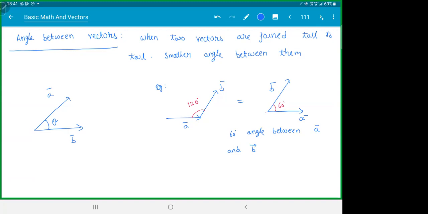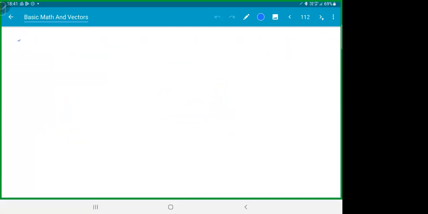All clear with this? Whenever you define the angle between two vectors, make sure they're joined tail to tail. Let me ask you one more example on this. Let's say I have a triangle, A bar is 3, B bar is 4, and C bar is 5.